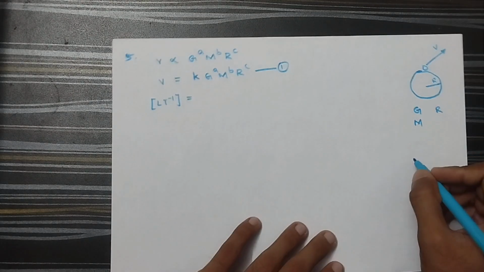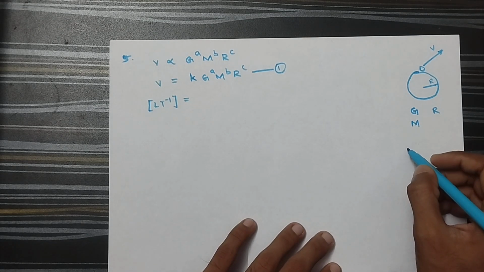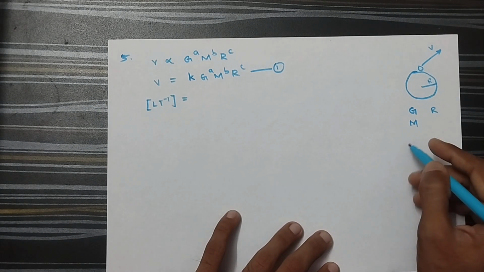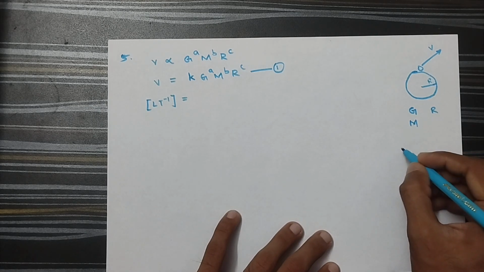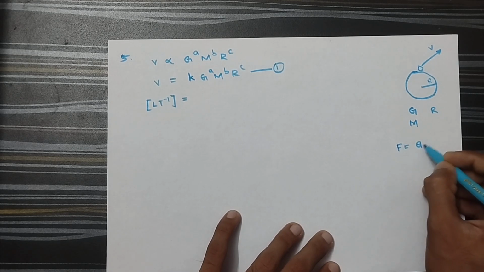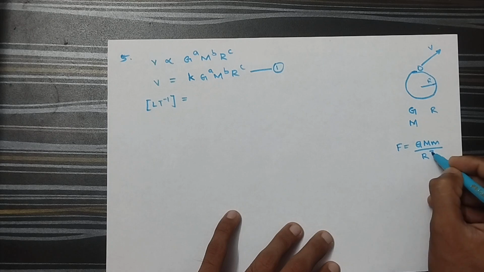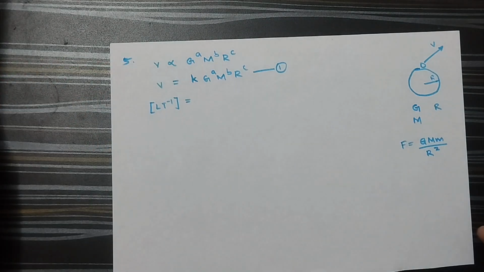So in case you don't know the dimensional formula of capital G, you can derive it using the force of gravitation expression given by Newton. So we all know this expression, F is equal to G M m by r square, right? This is used to give the force of attraction between two objects.